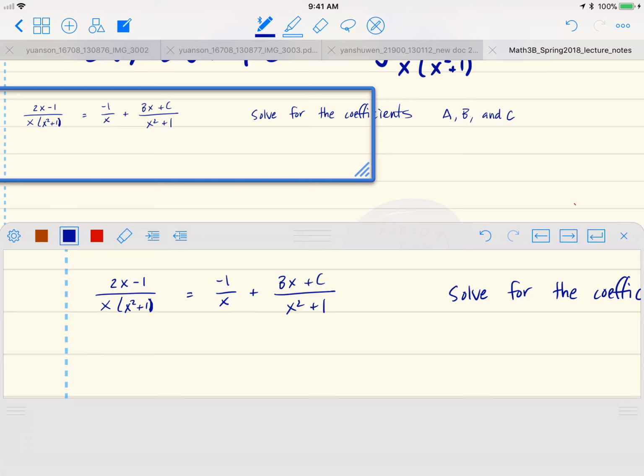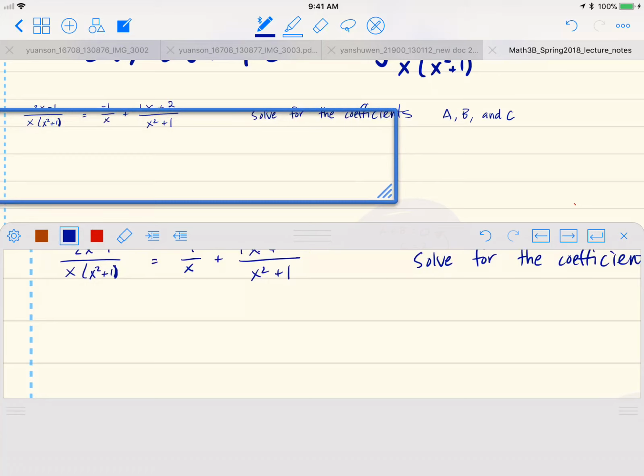So a is equal to -1, b is equal to 1, and c is equal to 2. Okay.